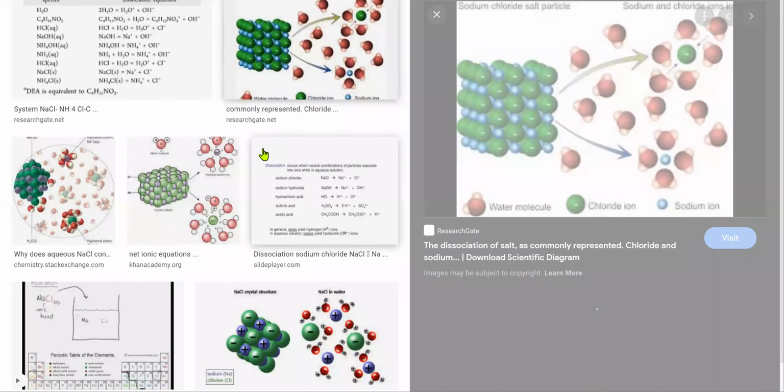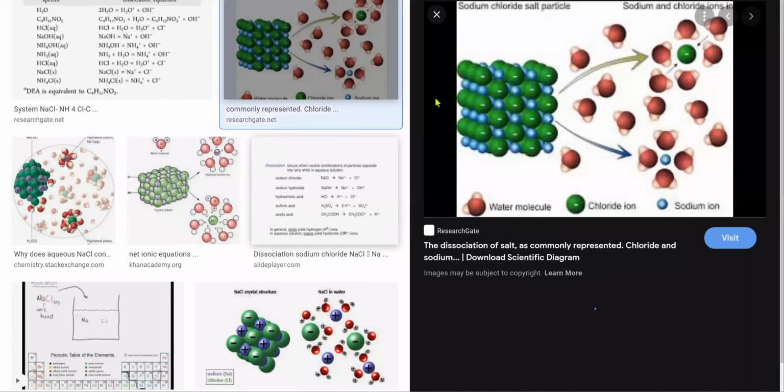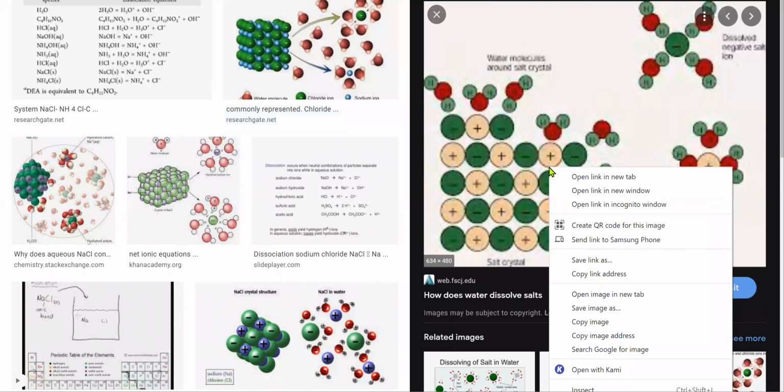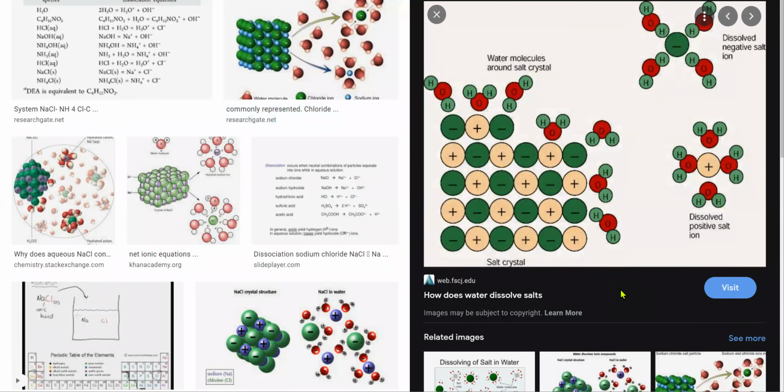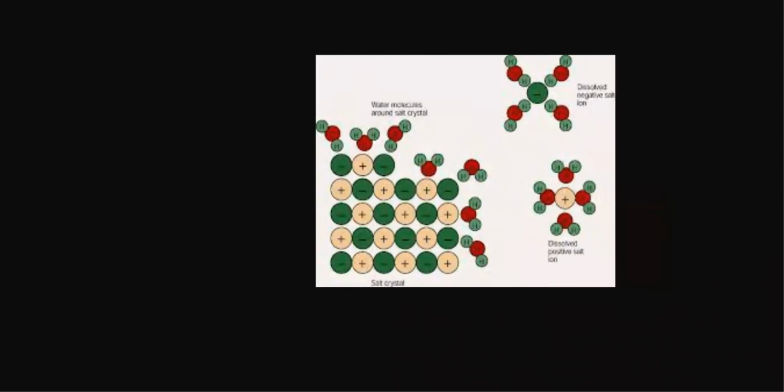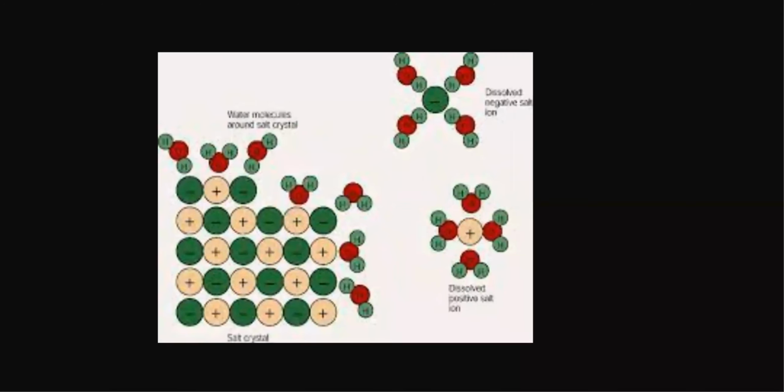So this is what happens when you mix it in water. Originally, the positive and negative ions are all attached together, but when you stir them vigorously with water, the ions split.